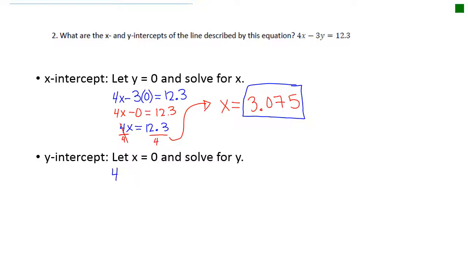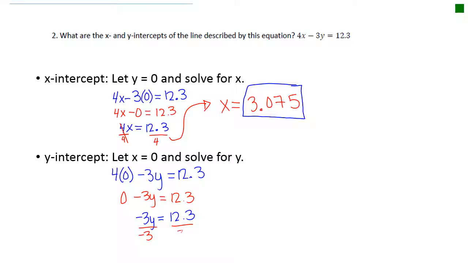So we have 4 times 0 minus 3y is equal to 12.3. 4 times 0 is 0, so that's 0 minus 3y is equal to 12.3. This just becomes negative 3y is equal to 12.3. In order to get y by itself, we'll divide both sides by negative 3.